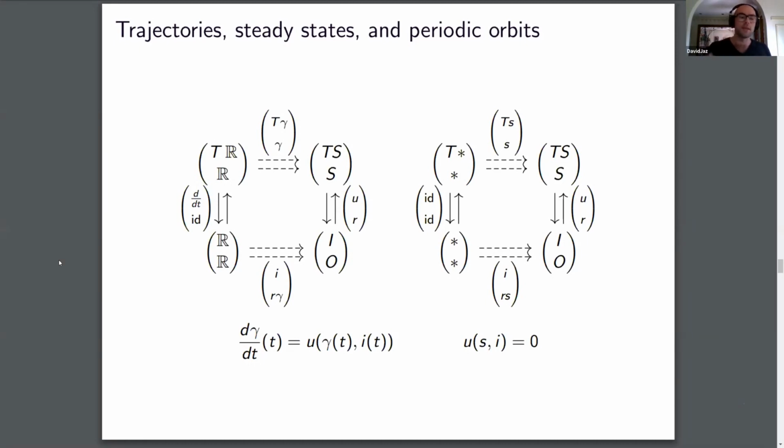Or, and I'm doing this in the dynamical systems doctrine, this makes sense in other doctrines as well. So in a deterministic automaton, this would just be a state that transitions to itself. So these are the two kinds of morphism in the double category I want to get at, and these are the two kinds of composition that are happening in dynamical systems.